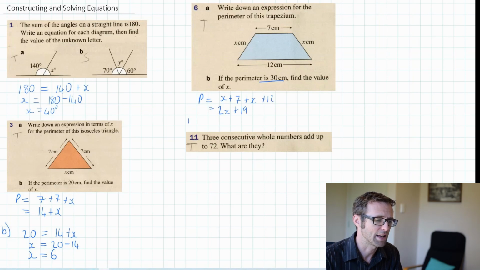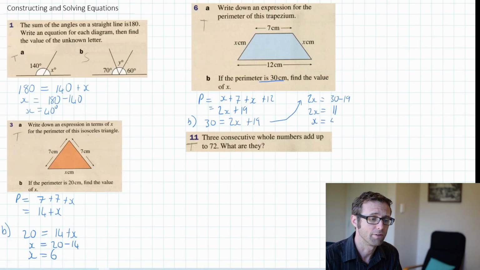So, what is x? Well, 30 is equal to 2x plus 19. I'm going to continue my working up here. I didn't leave enough space. 2x is equal to 30 minus 19. So 2x is equal to 11, and x is equal to 5.5.